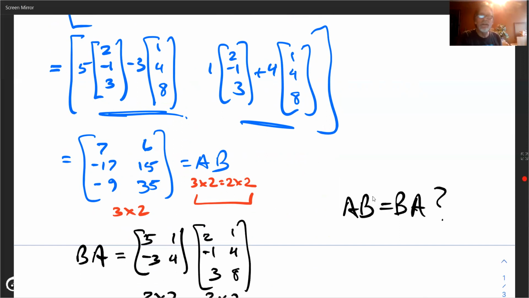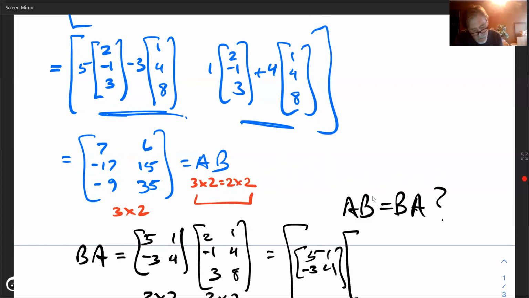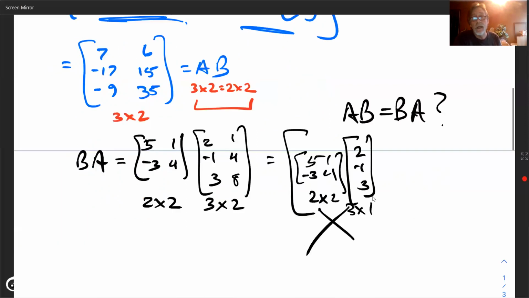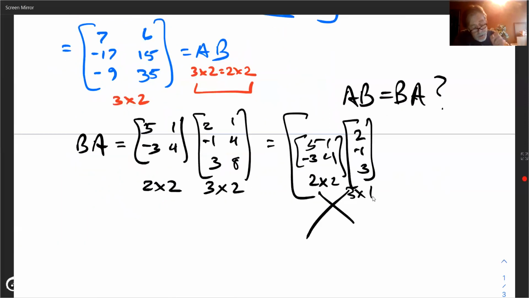So if I try to do this, I'm going to try to get this big old matrix, and I'm going to go 5, 1, negative 3, 4. And then I'm going to multiply by this guy, which is 2, negative 1, 3. But what we know from the past is 2 by 2 times a 3 by 1 is not defined. It's not defined. Okay? I said that was the last thing, but it really isn't.